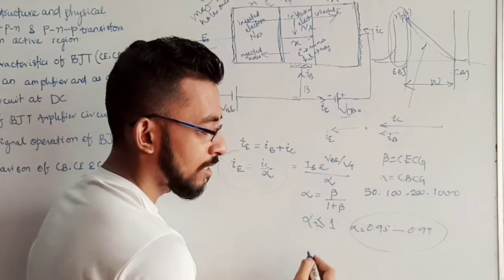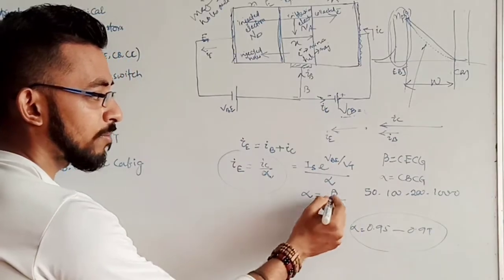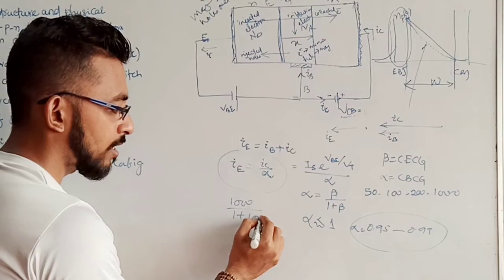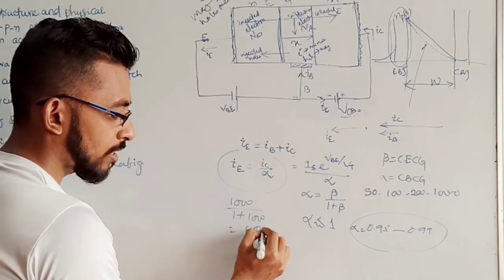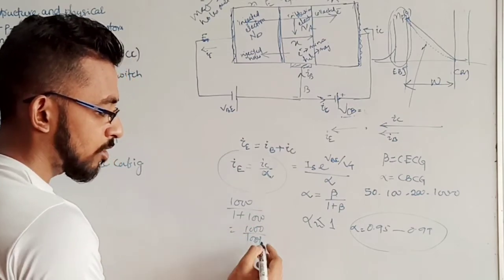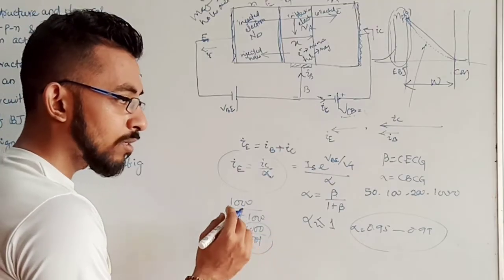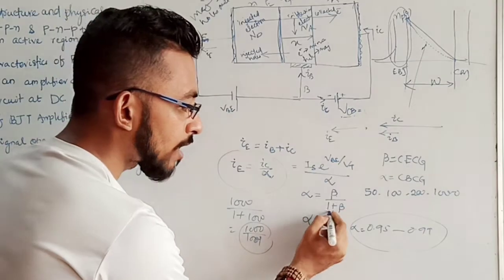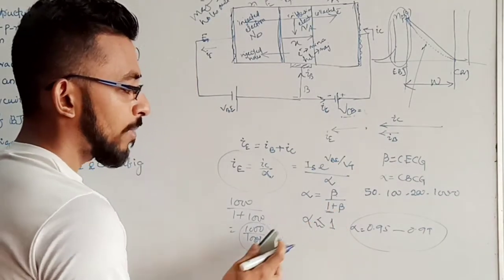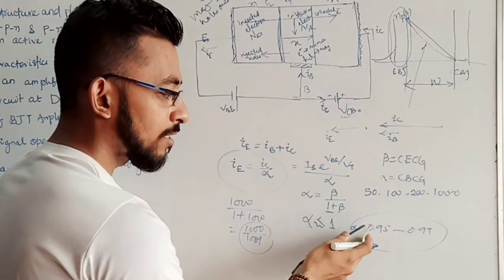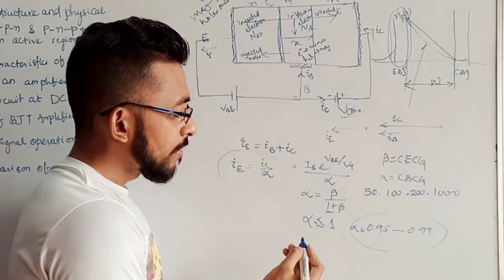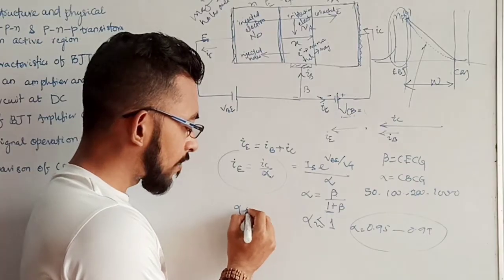Take the value of beta as 1000: 1000 upon 1001. This value will never touch 1, but it will remain approximately 1. Because of this addition of 1 in the denominator, my alpha value will always be in the range 0.95 to 0.99. So there is a very small change in alpha.